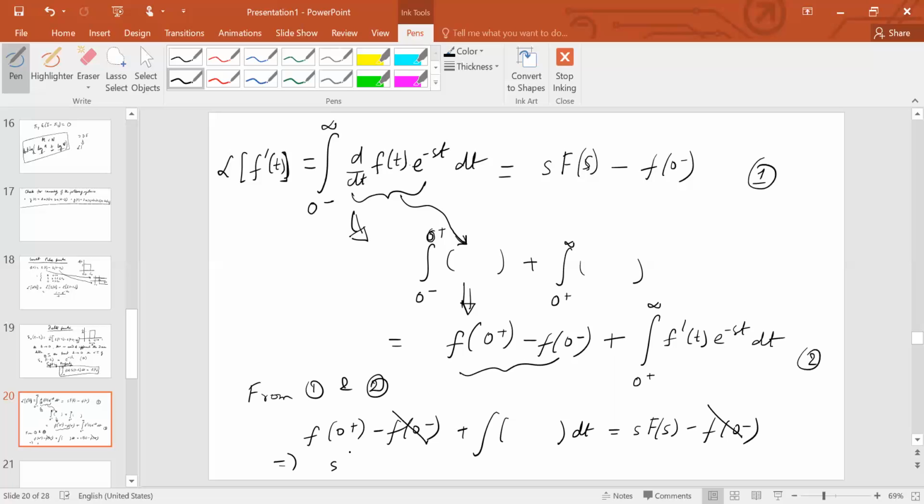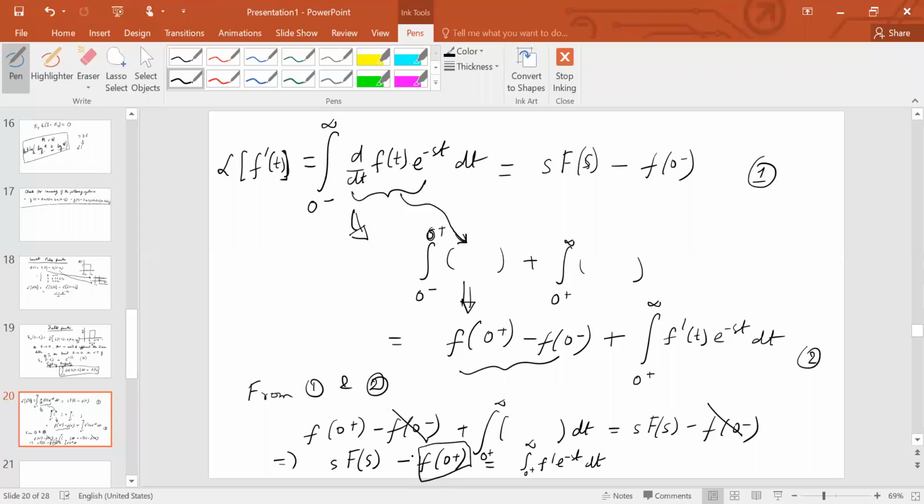Therefore, what we have is s F of s minus f of 0 plus is equal to the integration from 0 plus to infinity of f dashed e to the power minus st dt. Now, if you pass this through the limit, this term is independent of s, so taking the limit does not affect this.